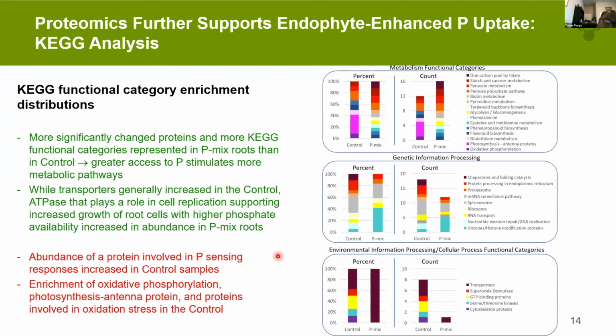And in contrast, in the control samples, we saw enrichment of proteins involved in phosphorus sensing, photosynthesis antenna proteins, and proteins in general that suggested that oxidation stress, nutrient limitation was dominant in the control groups.